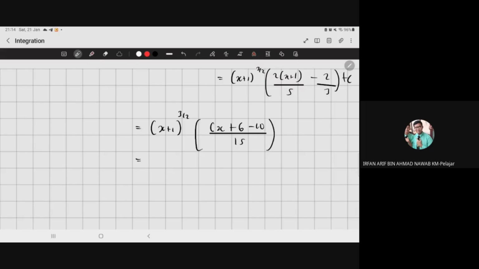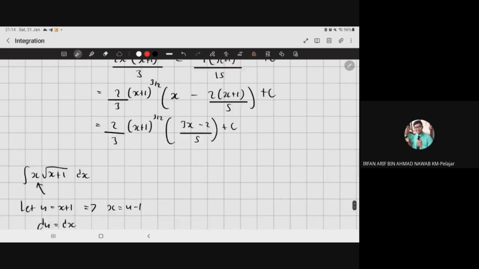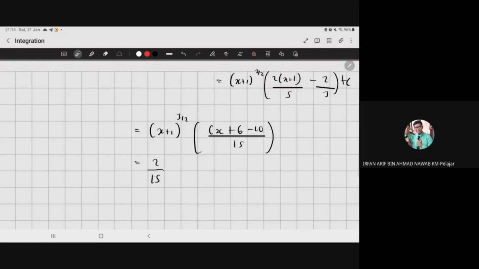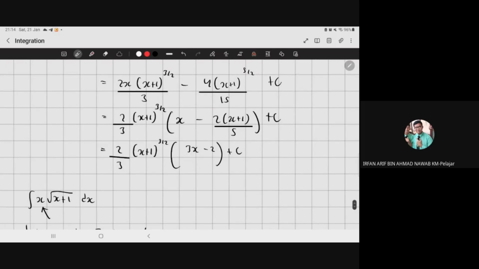You will get 2 over 5, that's 2 over 3. But if you want to, you could bring out 15 as well. So if we refer to this, we could make it as 2 over 15.